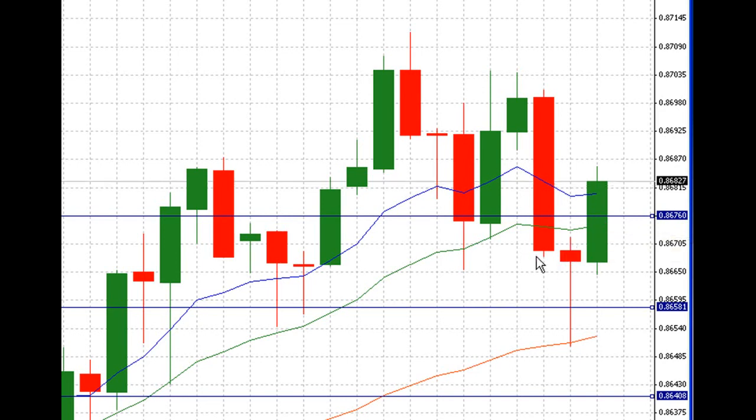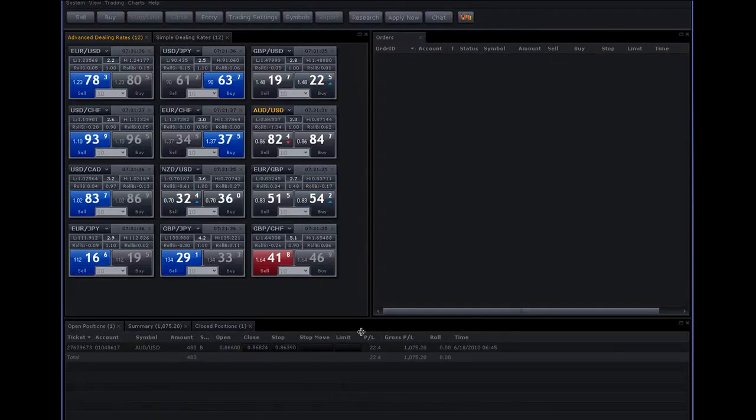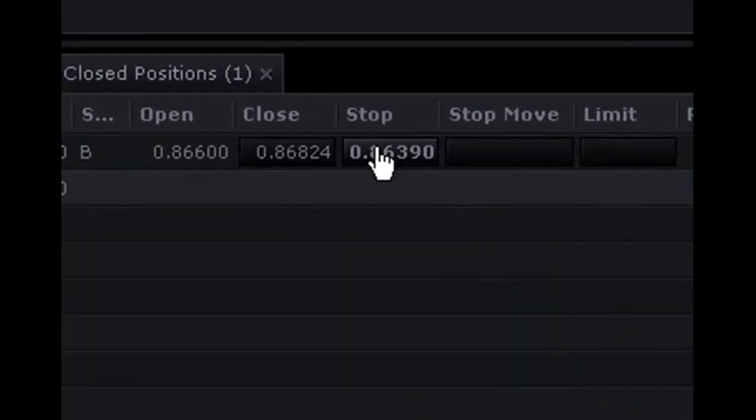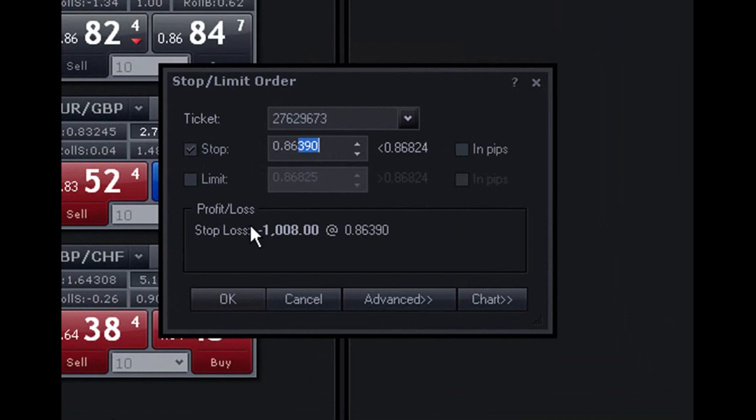And so at that point, we move our stop to break even. Sometimes you're going to walk away from the screen and your break-even price might be hit just like it has been here, and it's going higher. It doesn't matter, as long as it reached there at some point in time, you have to move your stop to break even. So we left click on stop and we change it to our entry price, which is 0.8660.